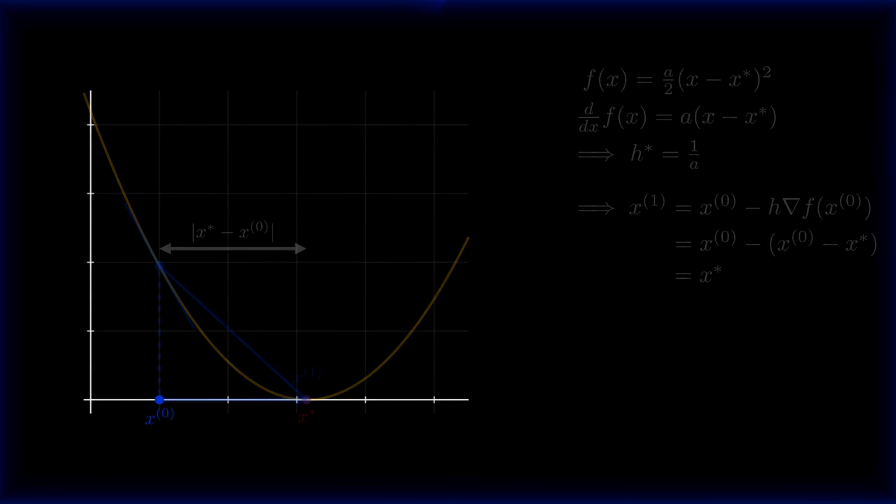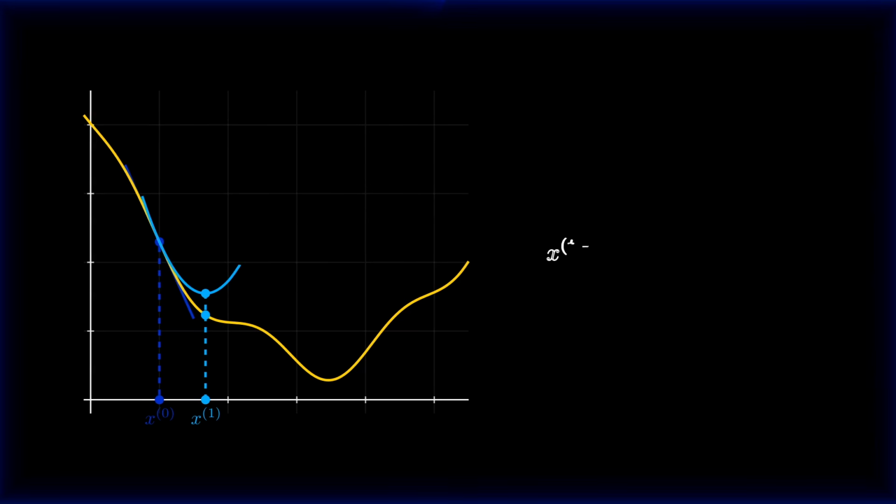And now we can turn this perspective upside down. If we are given an objective function f, and we perform one step of gradient descent with a given step size, we can find a quadratic approximation to f that would be minimized by this step.